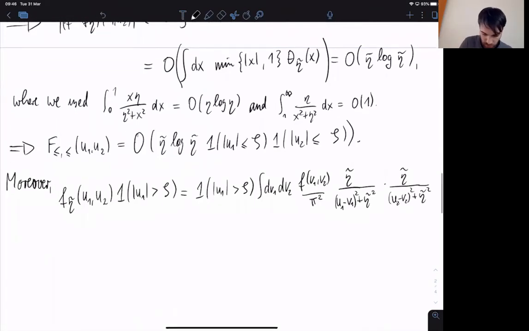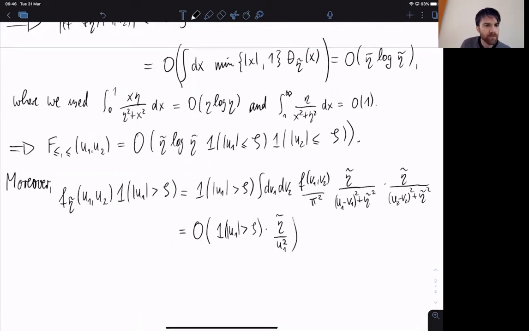And now how we estimate this goes as follows. Maybe I'll first give you the result. So this is again the characteristic function, and then eta tilde of u2 squared. So how does this come in?